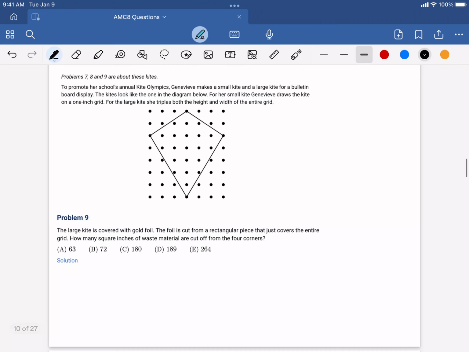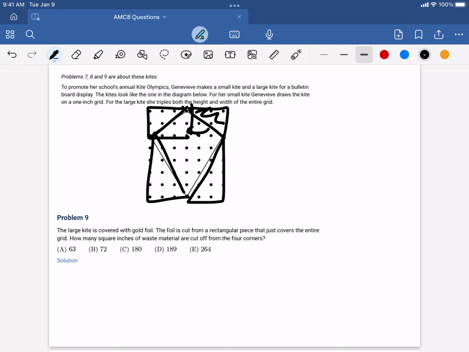Moving on to the next question, problem 9. The large kite is covered with gold foil. The foil is cut from a rectangular piece that just covers the entire grid. How many square inches of waste material are cut off from the 4 corners? So the waste material will be something like this, like that, like this. Like we did for the first problem, we can move this triangle over here to make this rectangle, and this triangle over here to make this rectangle.